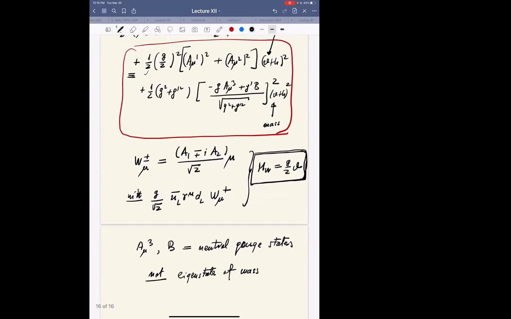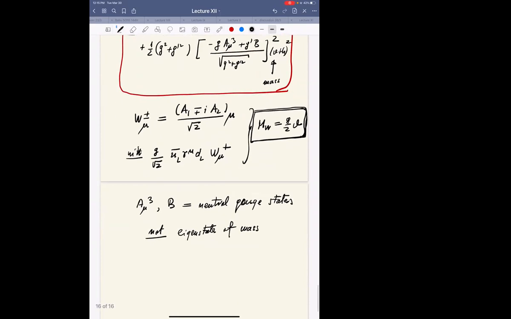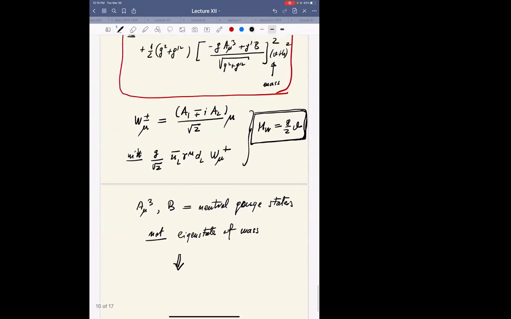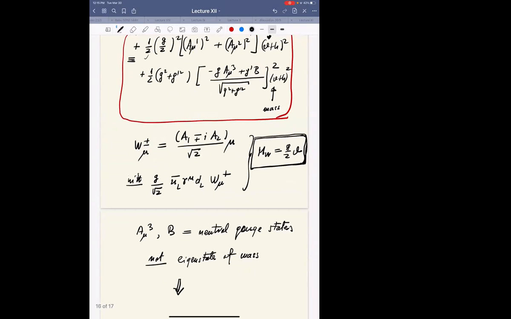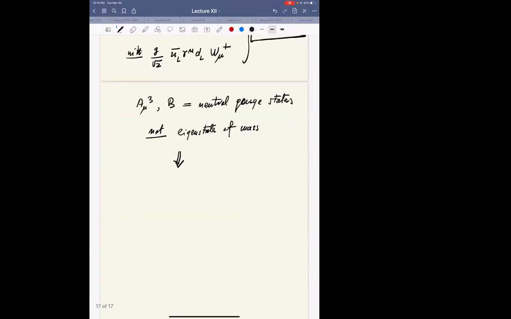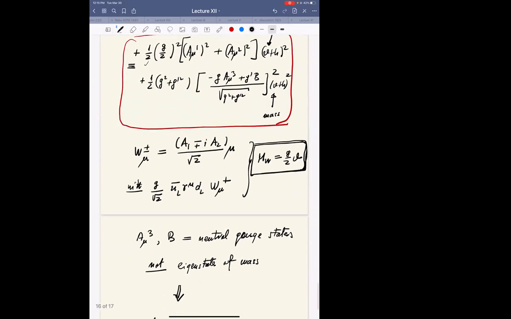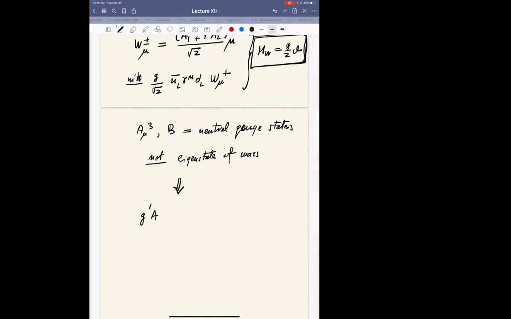Notice, I don't have A^3 squared plus g prime. I have a linear combination. Notice from here immediately that there is one linear combination orthogonal to this one. There is a combination g, no, sorry, g prime A_mu^3 plus g B_mu.